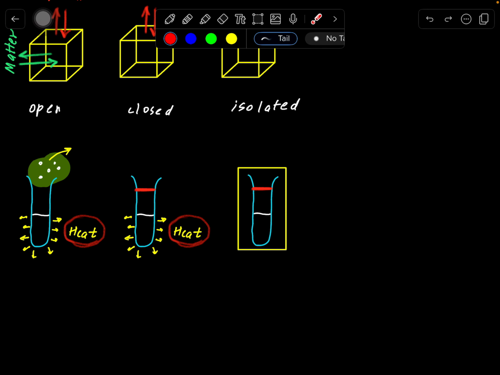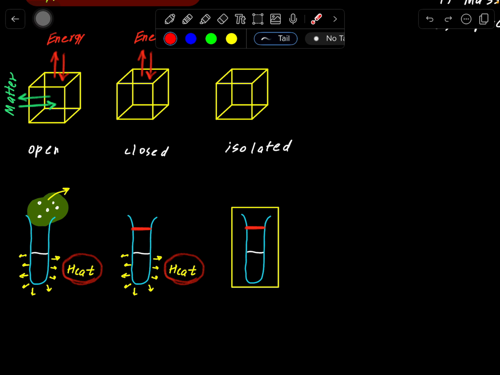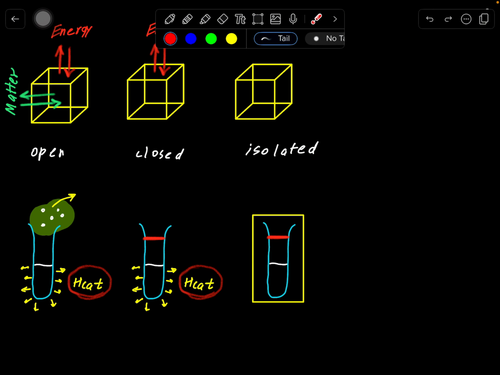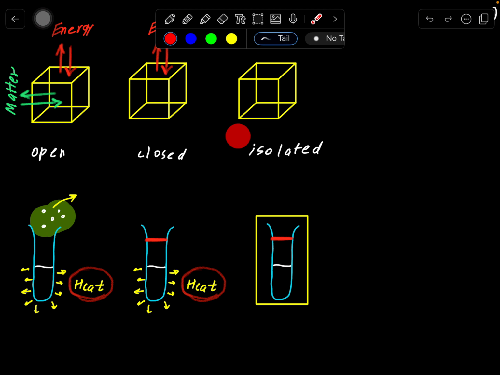And now neither matter nor energy is leaving the system, and that's an isolated system. Okay? And this is what we use for ideal conditions in which we like to perform our experiments. It might not be practical all the time, but we would refer to this for ideal laws.